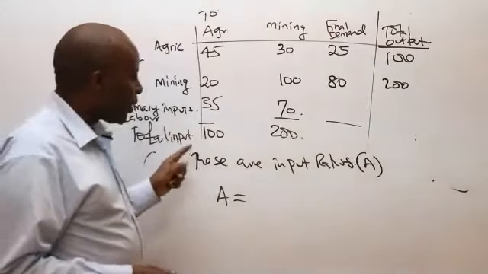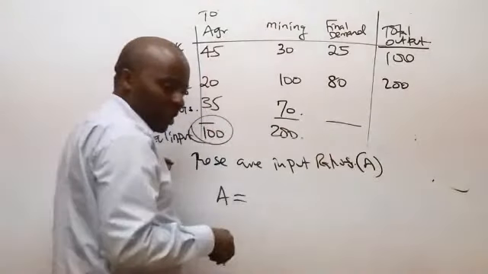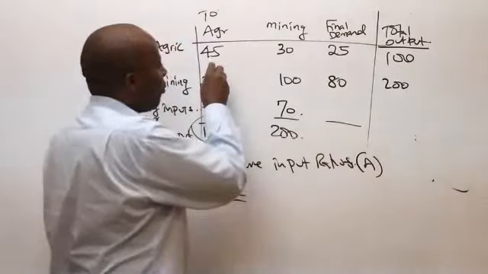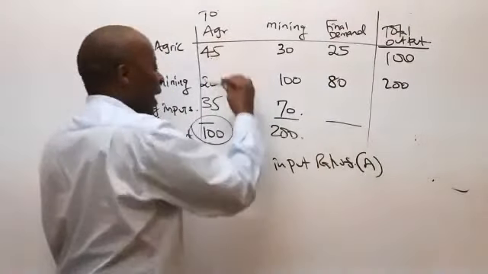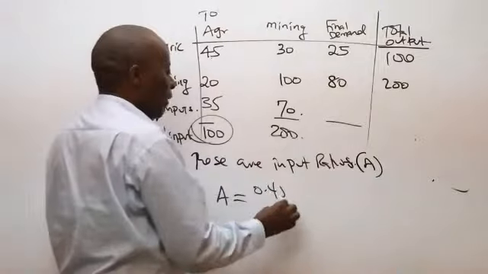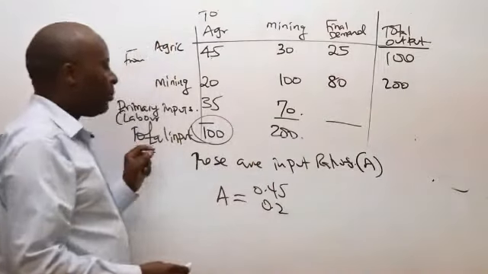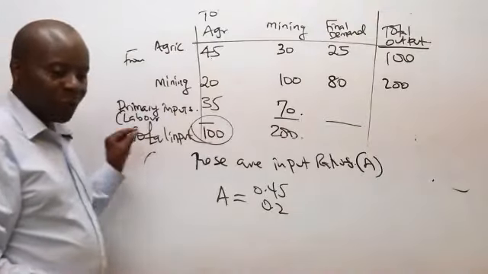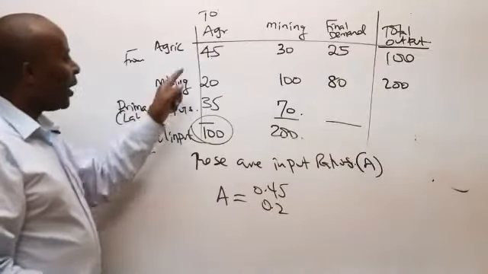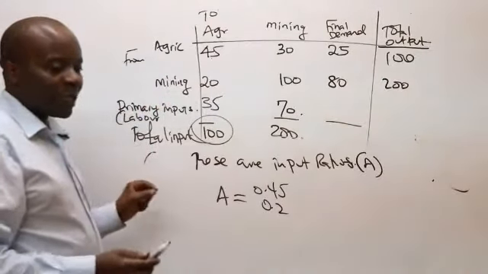So the input is a benchmark, and here we go down. The input ratios of agriculture will be 0.45 and 0.2. Remember, in input ratios, we only capture information about sectors. We can't have an input ratio of the primary inputs. It is only between sectors alone.